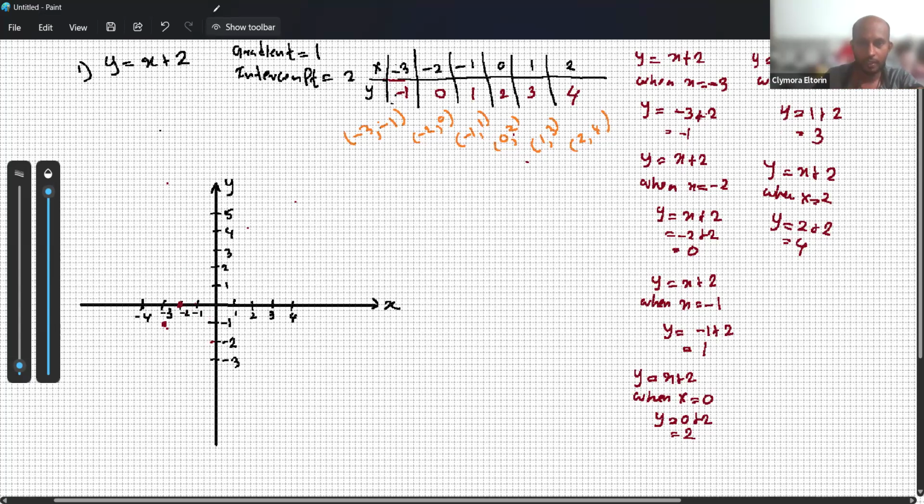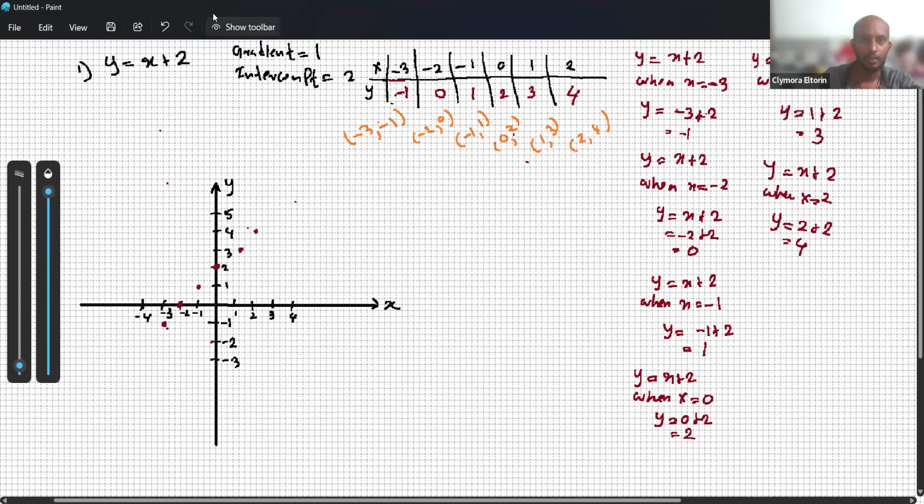Next one, minus 1 and plus 1. It's here. Next one, x value is 0 and the y value is plus 2. 1 and 3 is here. 2 and 4 is here. Right.